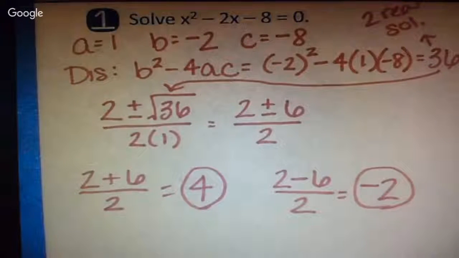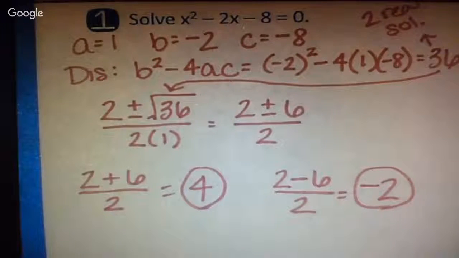The 4 is negative. So we've got -4x and +2x. I can pull out an x, negative 4, x, positive 2. So this is x minus 4 and x plus 2.